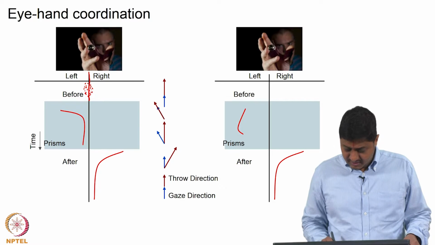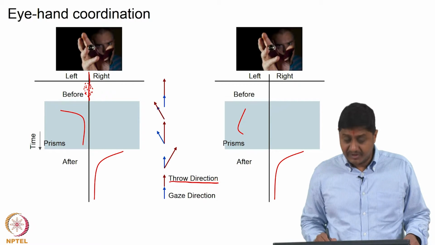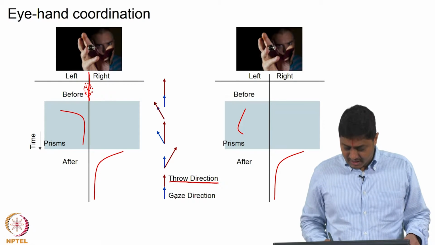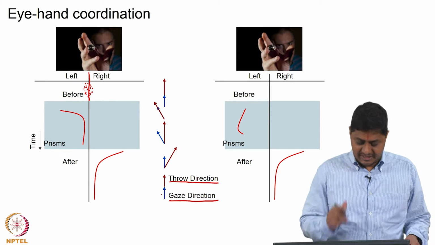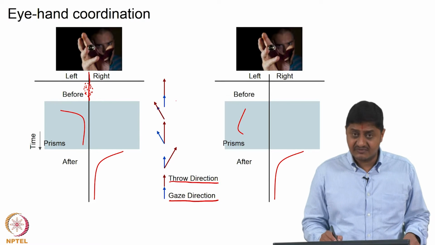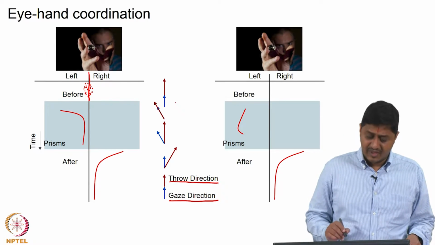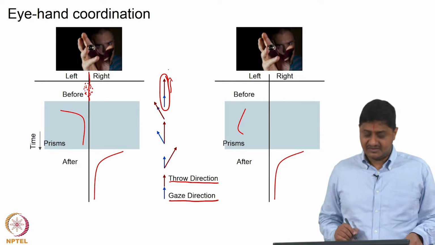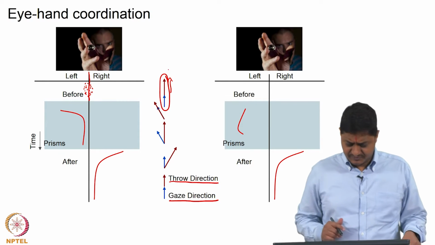Here in brown you have the throw direction or the hand direction and in blue you have the gaze direction or the eye direction, right. Before the person was asked to wear the prism glass, the hand direction and the gaze direction are the same. In other words, the hand follows the eye, right.